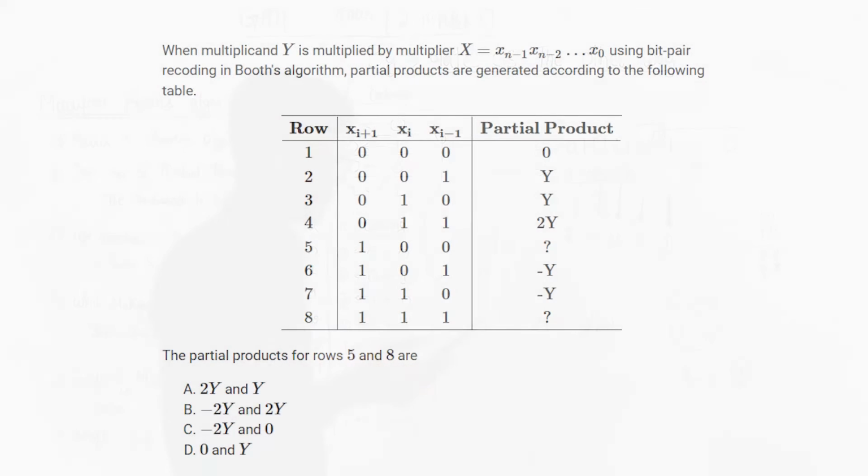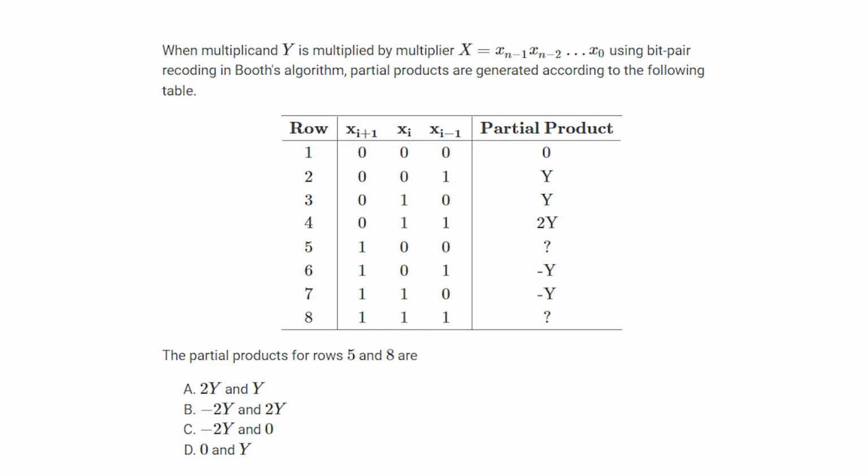The question is, when a multiplicand y is multiplied by a multiplier x, so you can see x is an n-bit number, using bit pair recoding in Booth's algorithm, partial products are generated according to the following table. So just have a look at this table. We have already seen this table. We have actually seen how these partial products are derived.